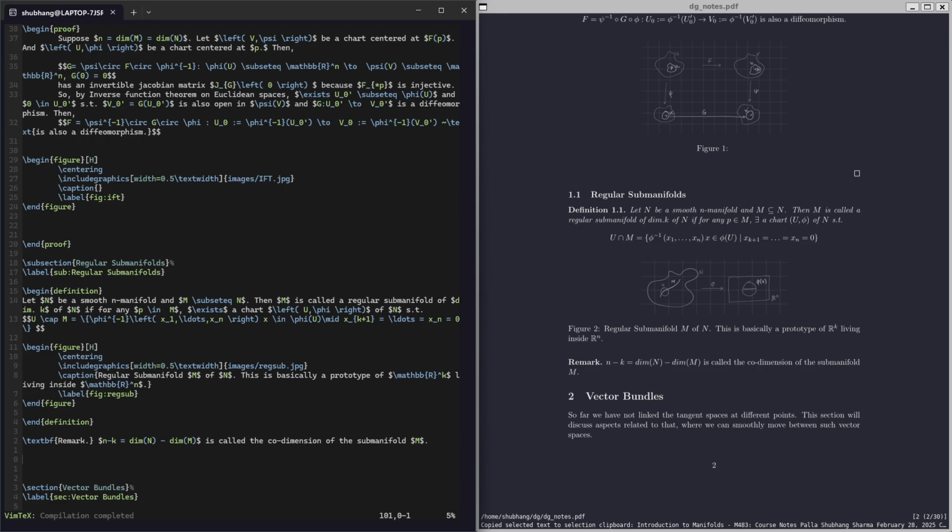Okay, so you can cover M by charts satisfying the property.